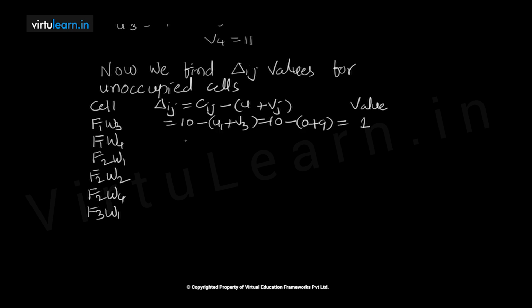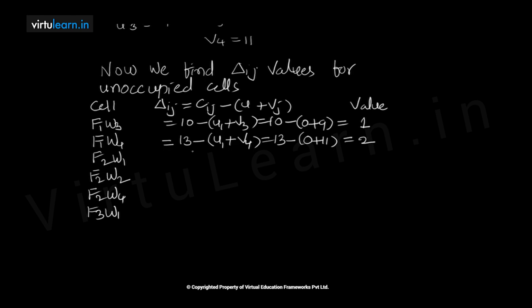Then the F1W4 value is given by 13, which is the cost of that cell, minus U1 plus V4, is equal to 13 minus the U1 value 0 plus the V4 value 11. So we got 2 rupees.